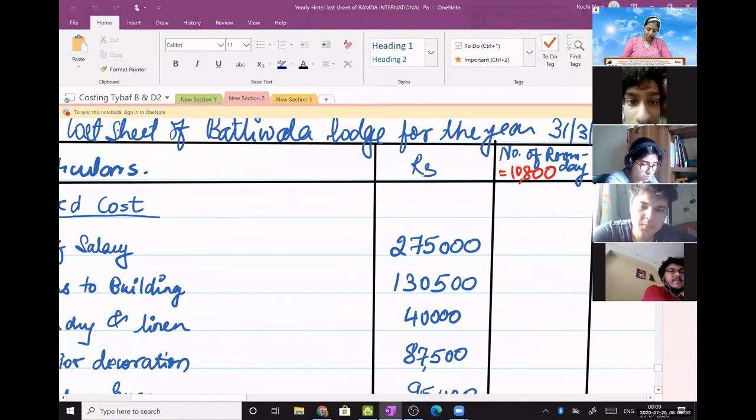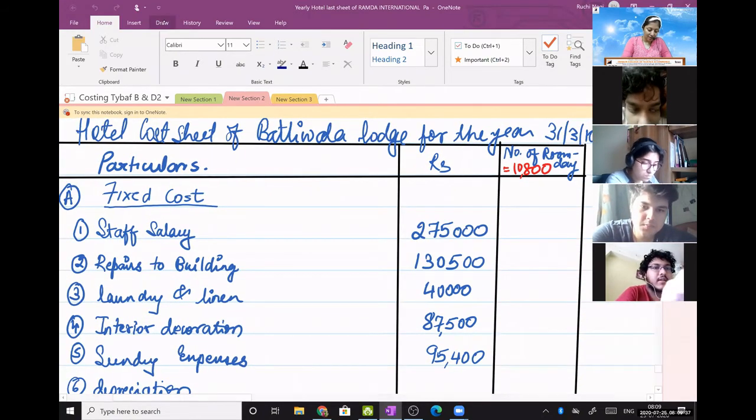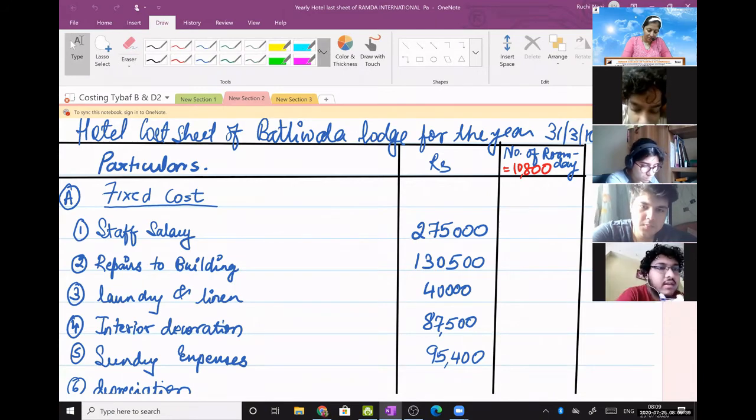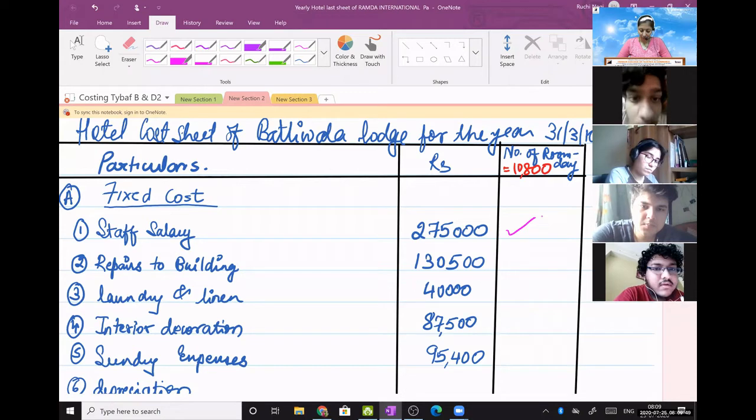And now, start with staff salary, 2 lakh 75,000. These figures are given. Repairs to building, 1,30,500. Laundry, 40,000.